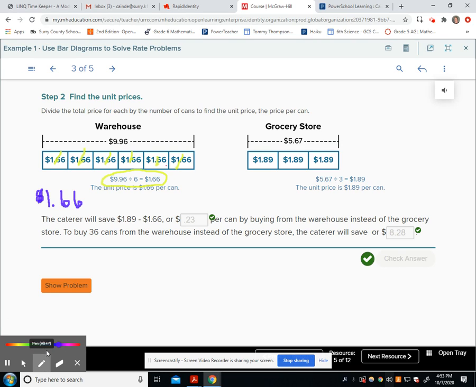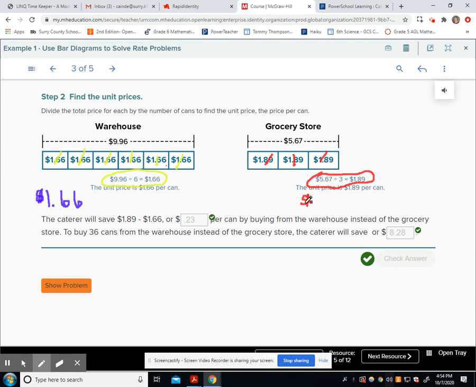So I want to compare that to the unit price per can at the grocery store. At the grocery store, we say $5.67 divided by 3. 1, 2, 3 cans. And 5.67 divided by 3 equals $1.89.